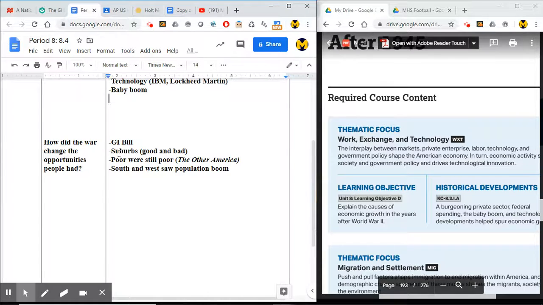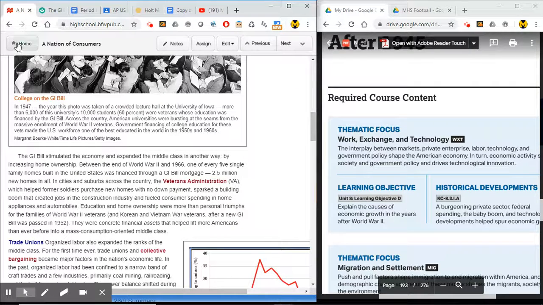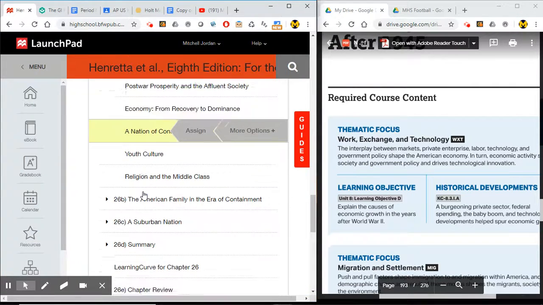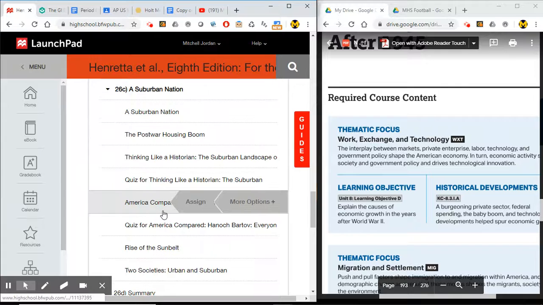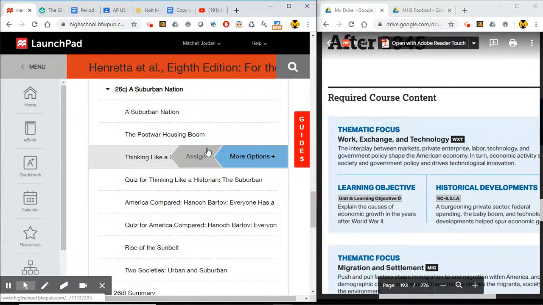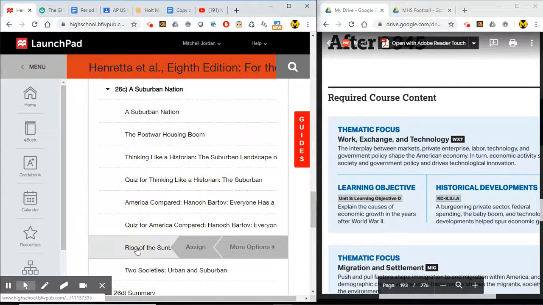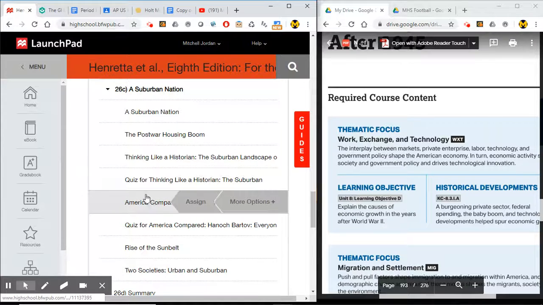And so let's see here. We got the GI Bill suburbs. So the war opened up this land of suburbia. There's a good section in your book on that. A Suburban Nation, 26C. You guys should have read that already. You guys will read about movement to the Sun Belt and the difference between urban areas and suburban areas.